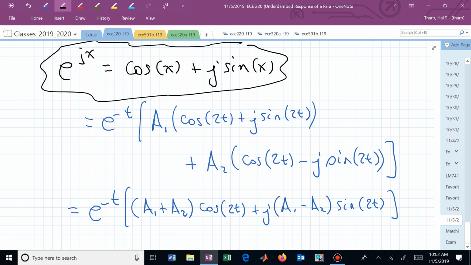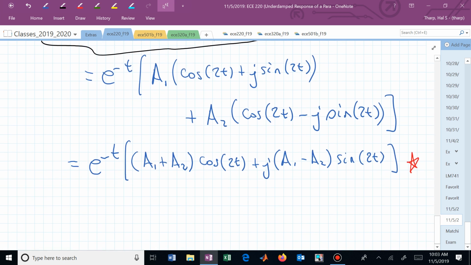What were we trying to do? We were trying to find a1 and a2. Let me star this because we may use it later, because this is giving us the sine and cosine that we were expecting, and we have the exponential decay, e to the minus t. I usually write it on the front end. Dr. Marcelin, I think, in the formula sheet is using it on the back end, but it's still there: e to the minus t times this bracketed expression.